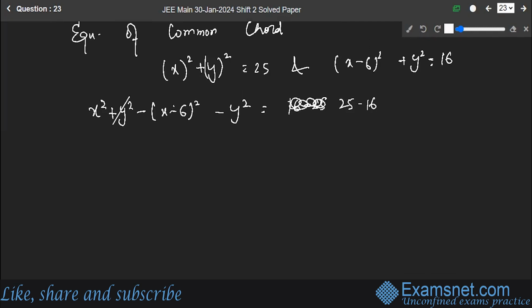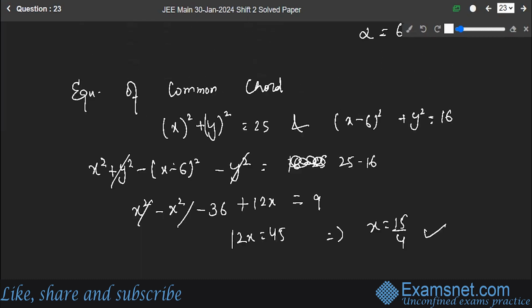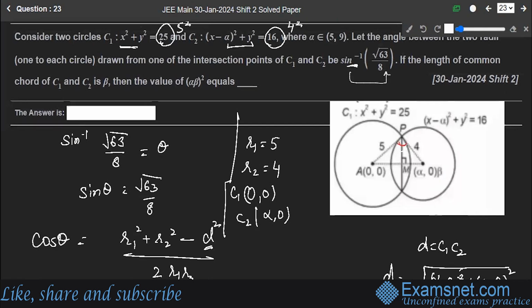So y square and y square will cancel. x square minus x square minus 36 plus 12x is equal to 9. So this will cancel. You have 12x is equal to 45, or x is equal to 15 by 4. This is the equation of your common chord, this one.